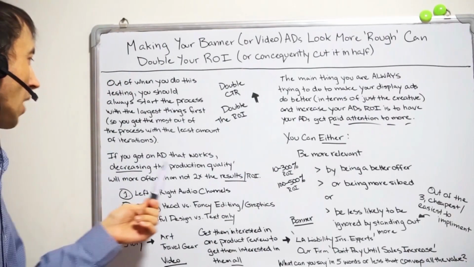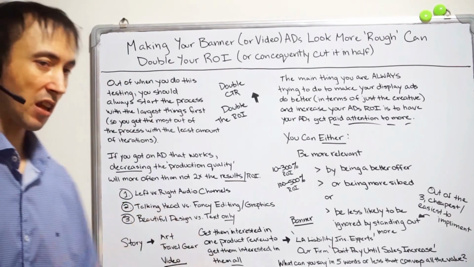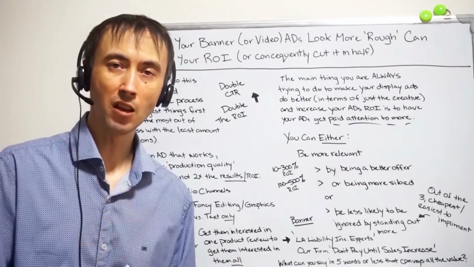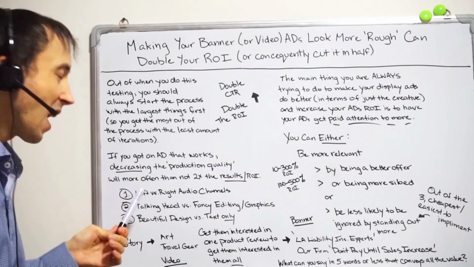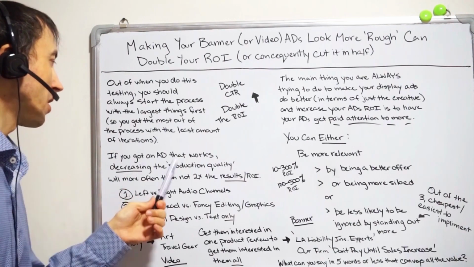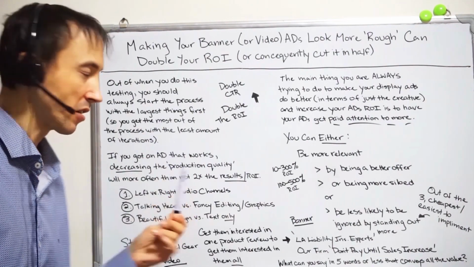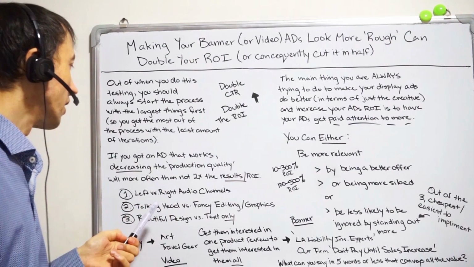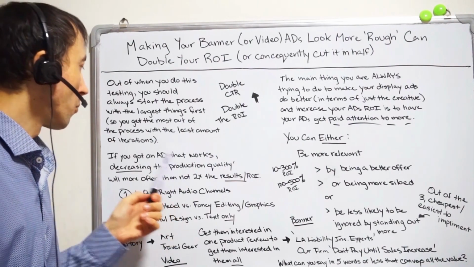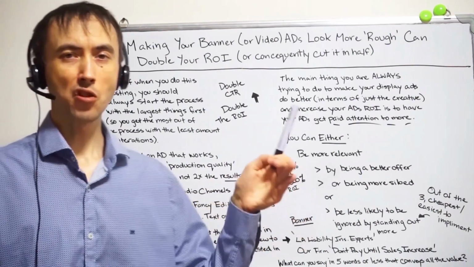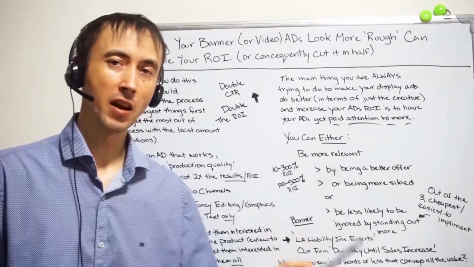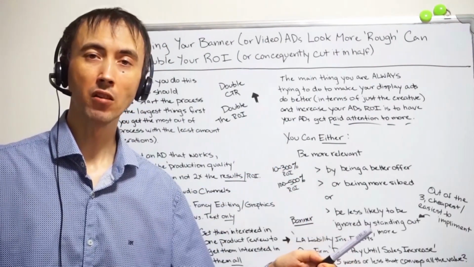So if you've got an ad that works already, a banner ad or video ad that gets you a decent ROI, a lot of times, decreasing, not increasing, decreasing the production quality will, more often than not, 2x the results and ROI on that ad you're running, just for that one thing alone.